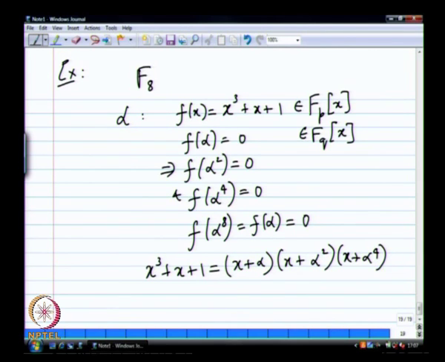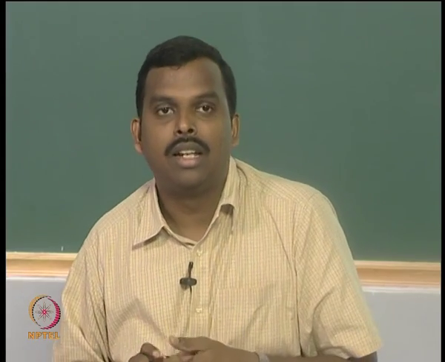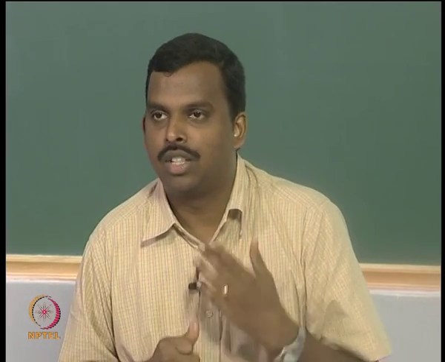Check this. I think it is good the first time you see it to multiply it out and check that indeed you are getting x^3 plus x plus 1. It is a polynomial of degree 3. It can have at most 3 roots. This is true for any field: in any F[x] a polynomial can have at most degree-many roots.